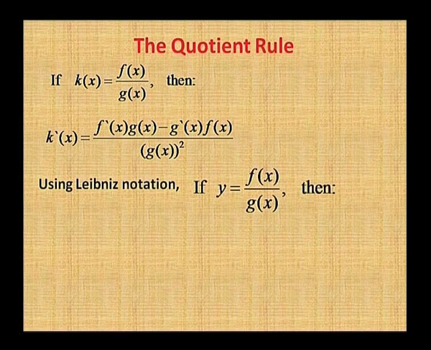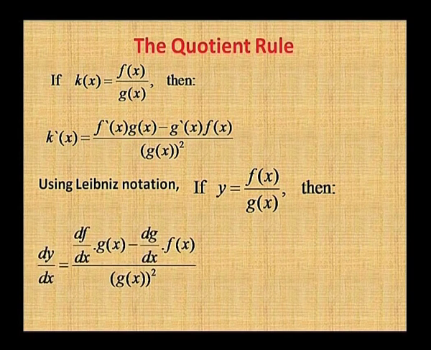Using Leibniz notation, if y is equal to f x upon g x, then dy by dx is equal to f differentiated with respect to x multiplied by g x, minus g differentiated with respect to x multiplied by f x, upon g whole square.